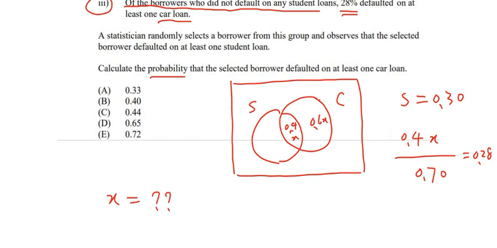Here this should be 0.6x. We should be careful here: 20% is at least one loan, so it's just this part.